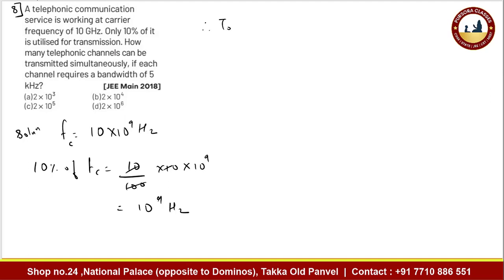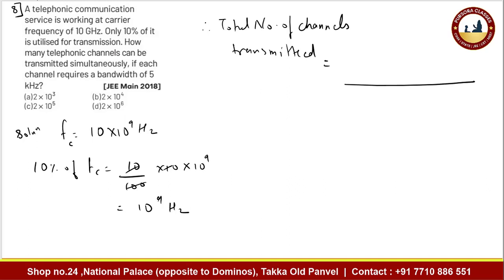So the total number of channels transmitted will be equal to the ratio of the total bandwidth available upon the frequency of each channel.